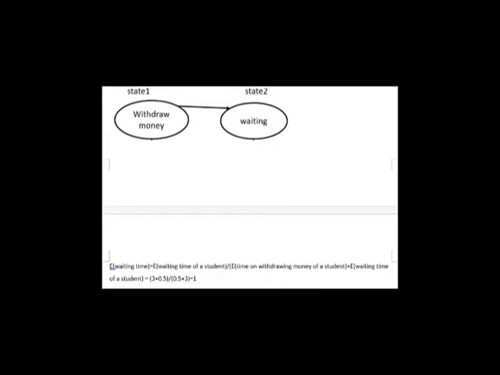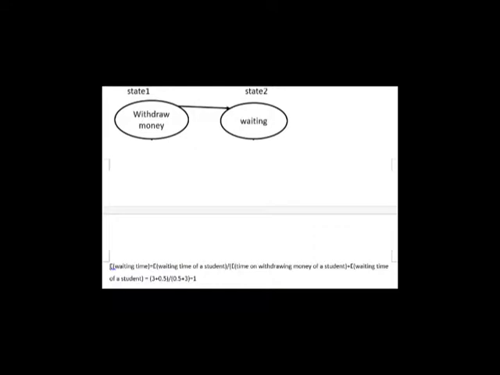We can calculate the long-run expectation of waiting time. It equals the expectation of waiting time of a student divided by the cycle time. Here, we should notice that when a student is operating the machine, this time should also be calculated as waiting time for other students.